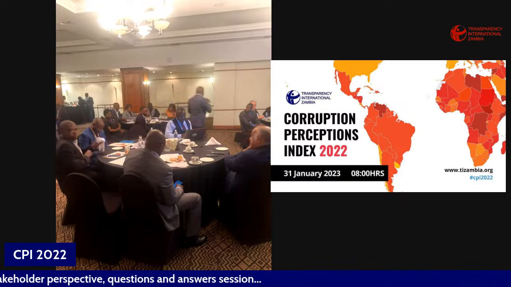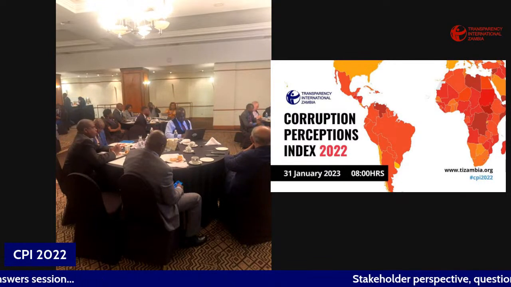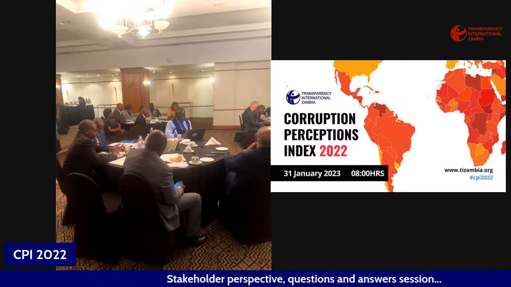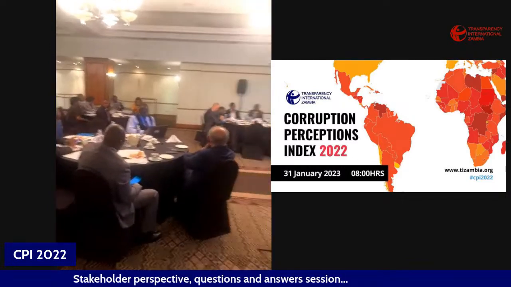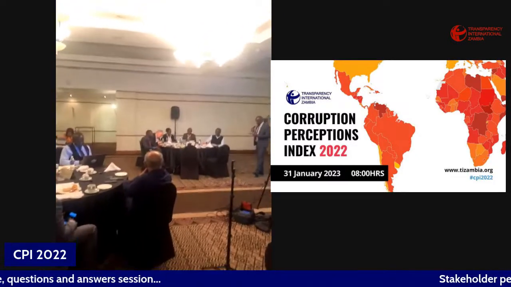Okay. I'll allow the ACC to respond to 2 questions. I think the first one was on the diagnostic report. I think that is by the IMF. I think there are a lot of corruption-related aspects that came out in that report.